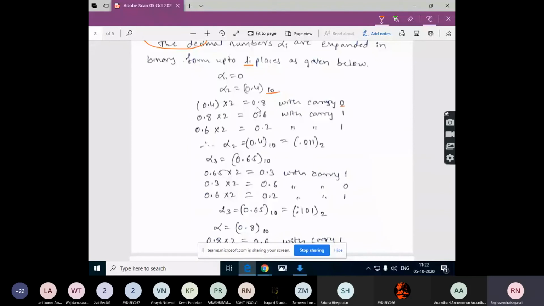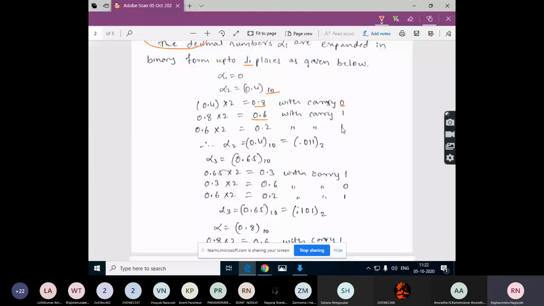Again take this value and multiply by 2. 0.8 into 2 is 1.6. So 1.6 is considered as 0.6 with the carry 1. Now again take 0.6 into 2, 1.2. So 1.2 is considered as 0.2 with carry 1.